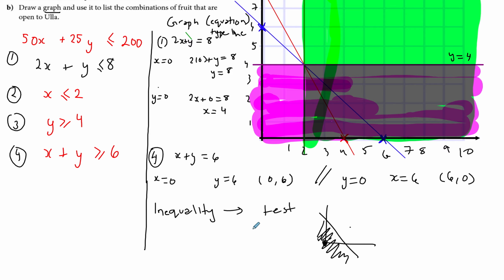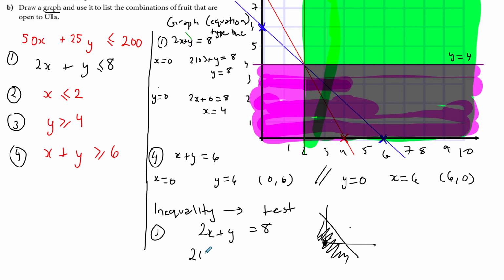So to graph an inequality where it's not a straight line, you have to do the inequality test. I've graphed my straight line, but the last step is to do the test. So I'm going to test the first one, 2x plus y equals 8. I want to see, does 0, 0 belong to this red region? So we're talking about the red line now.